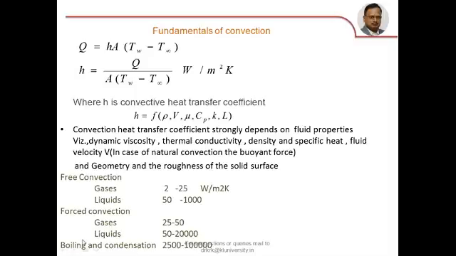And in case of phase change, that means either during boiling or condensation, we all know that there is no temperature difference, but transfer occurs, an indication that the value of h is very high, in the order of 2,500 to 1 lakh watts per meter square Kelvin.